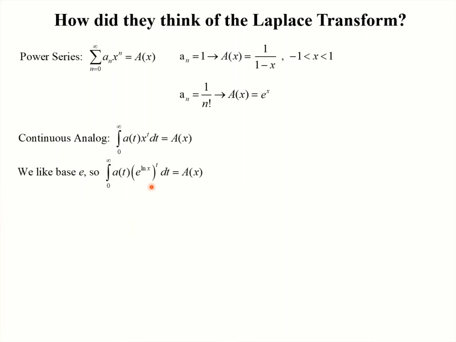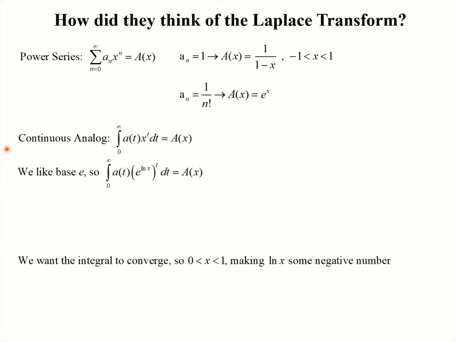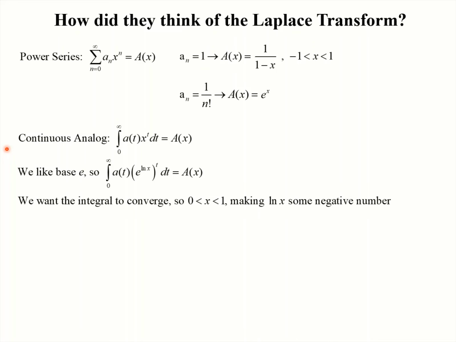So remember, the ln of x, when x is between 0 and 1, will be a negative number. Think about the graph of y equals ln x, and that will suck that down to the bottom, making the integral converge, making ln x some negative number.